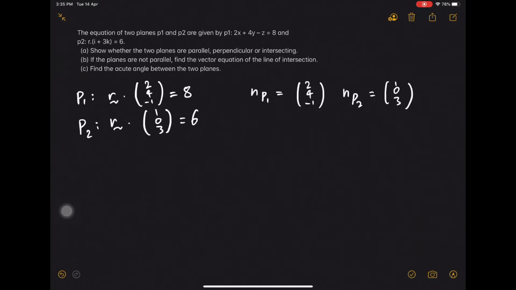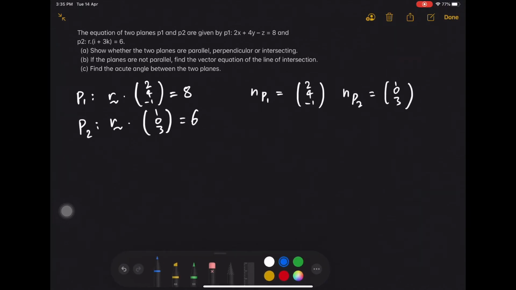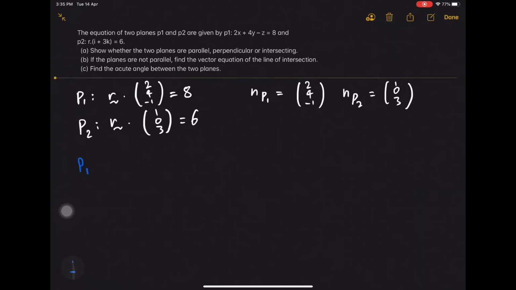For plane 1, we have 2x plus 4y minus z equal to 8, and plane 2 is x plus 3z equal to 6. We are going to let z be the subject, so we form z equal to something.